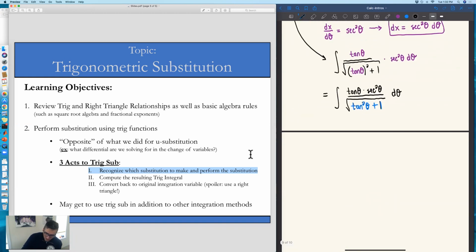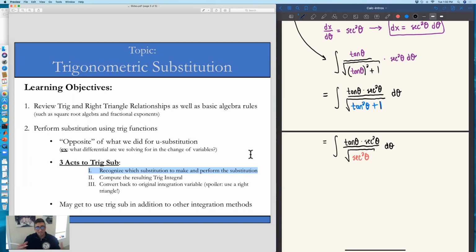So our integral then becomes the integral of, well, stuff upstairs, that tangent times secant squared term, except what's in that denominator now is just a secant squared d theta.